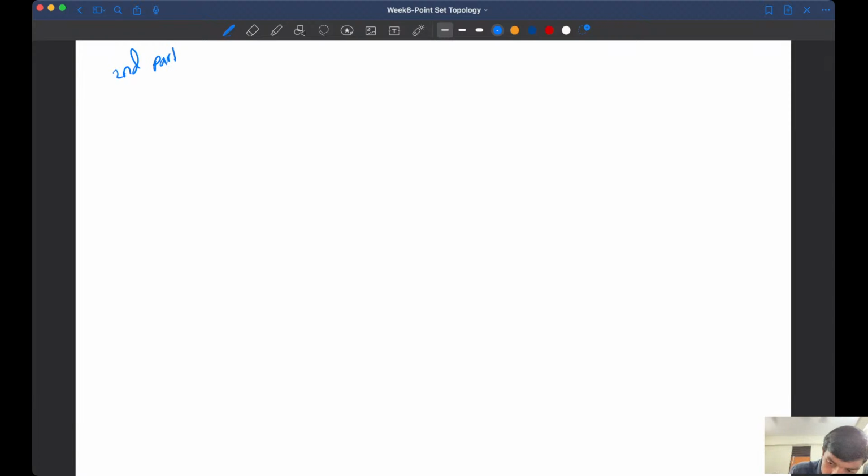Yes, the determinant map. If you take the determinant map from GL_n(R) to R cross, this is just (-infinity, 0) union (0, infinity).